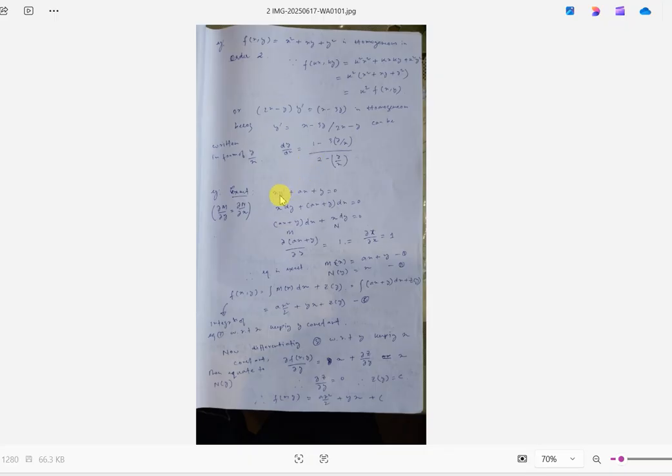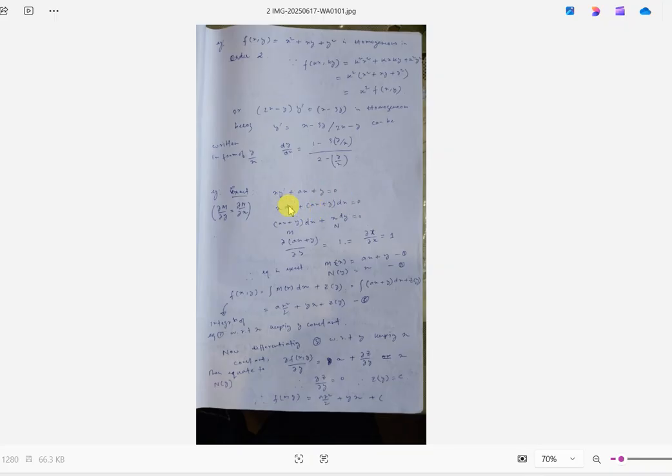Now next, we will take an example of how to find out if the given equation is in exact form or not. To do that, we will equate it to 0. Then we have x dy plus (ax plus y) dx is equal to 0. How do we get that?